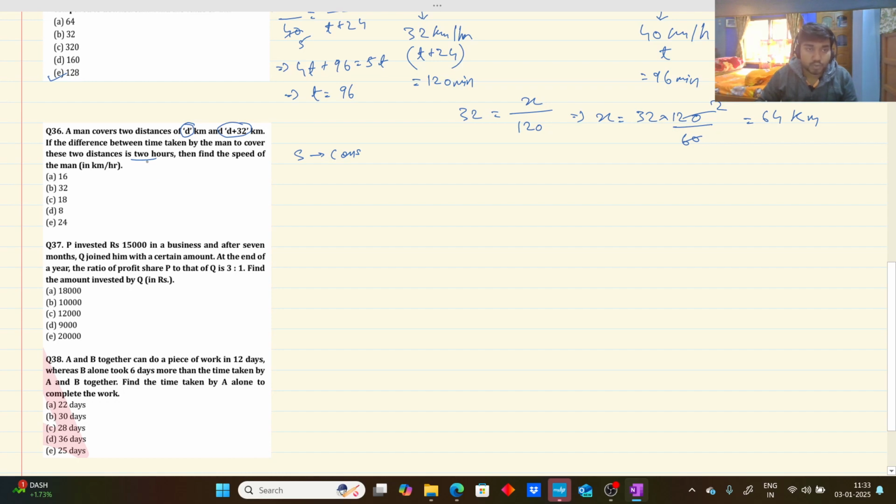That means in this 2 hours extra time he has covered the extra 32 kilometers. That means speed would be 32 divided by 2, that is 16 kilometers per hour.